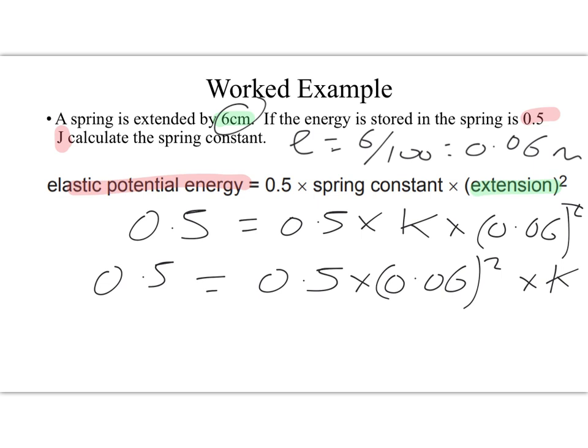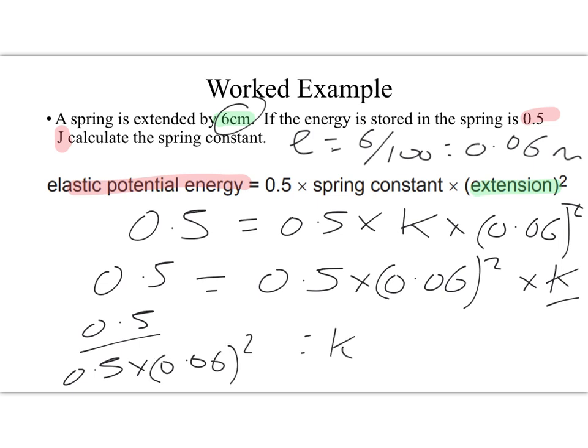So you can see here I want k by itself. I've got times here, so I'm going to take this through as a divide. So I'd end up with 0.5 over 0.5 times 0.06 squared equals k. And if I put those numbers into a calculator, I'll find that k is equal to 277.7.